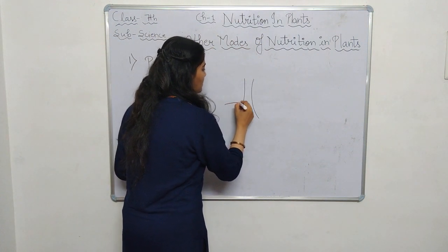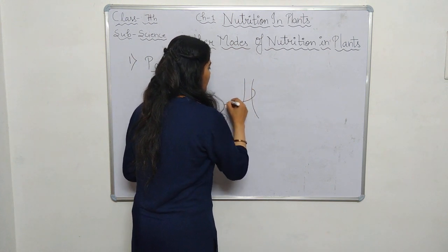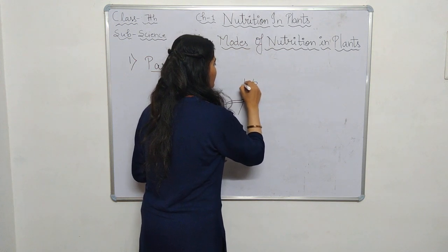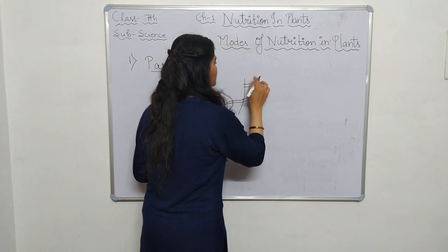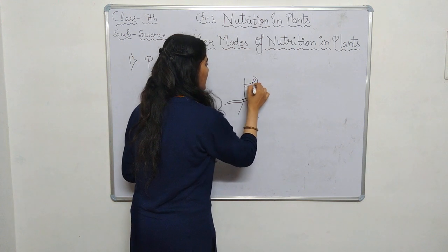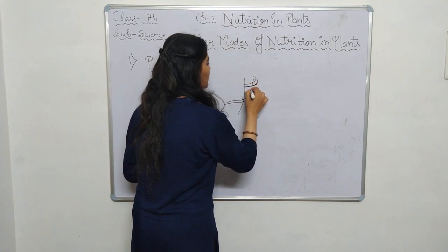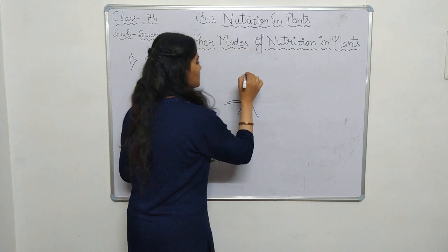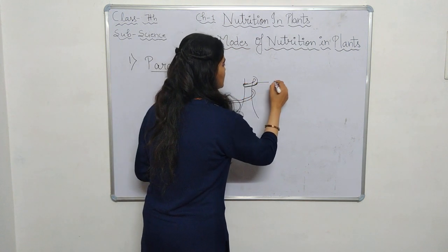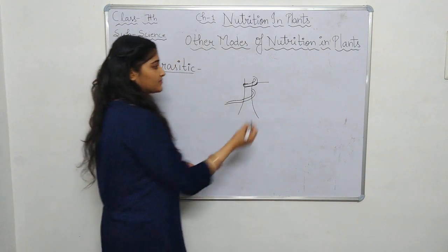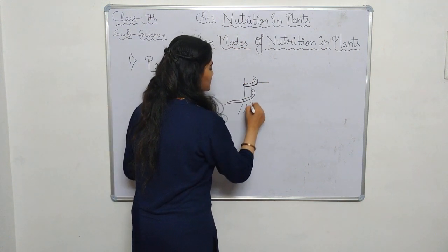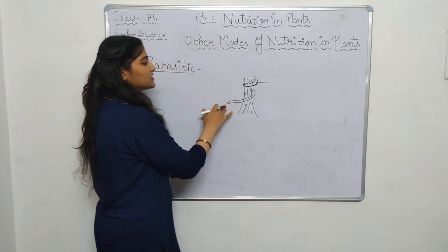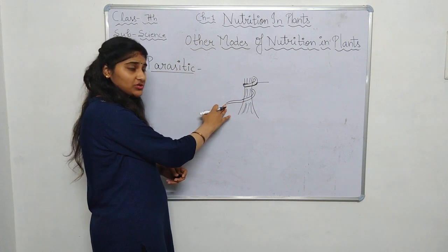And what I am drawing is a kind of creeper, or you can say climber. It's a climber actually. This is a non-green plant, and this is the green plant from which this plant is going to take its nutrition.